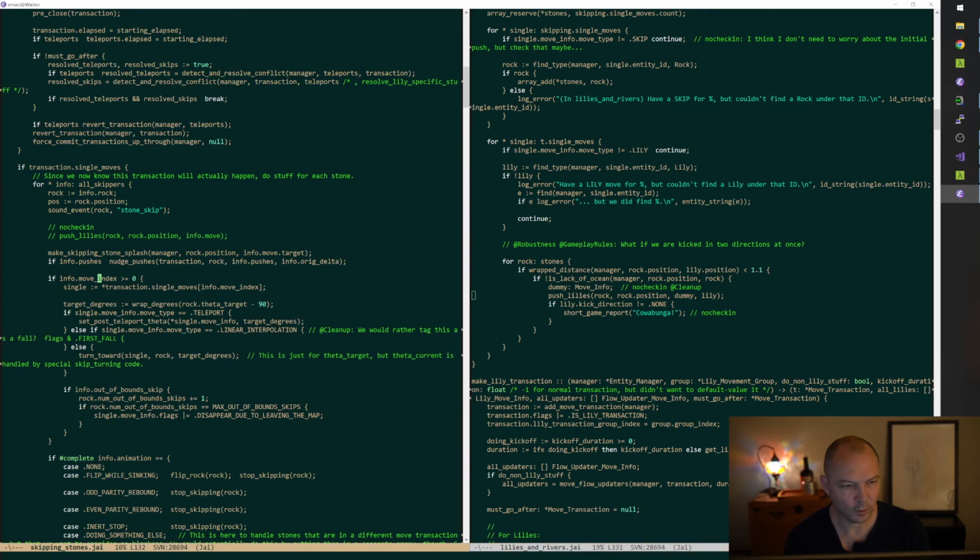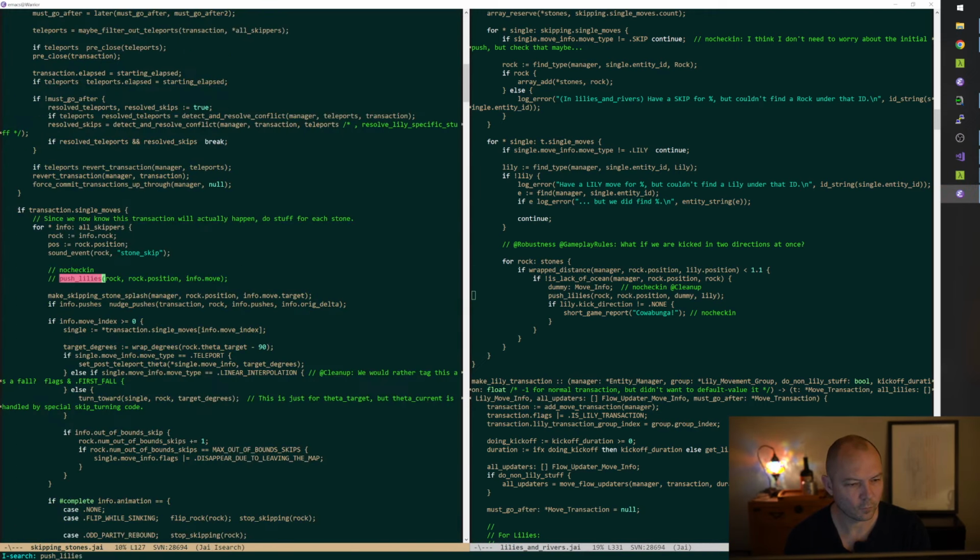What is it called? Push lilies. Push lilies. Okay. We're going to run another Benny test with that in. It could have broken more things. Could have broken fewer things.